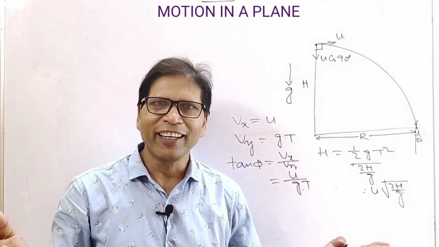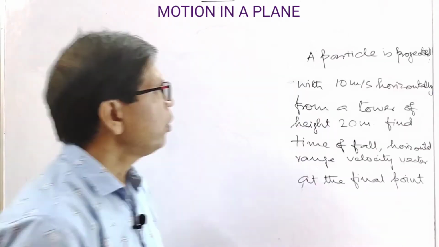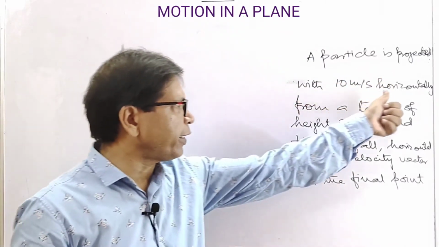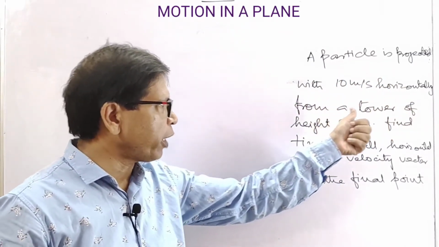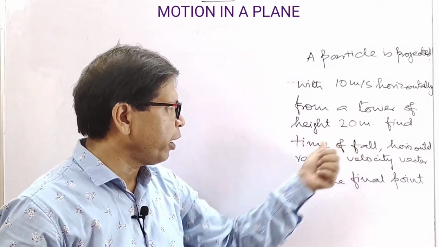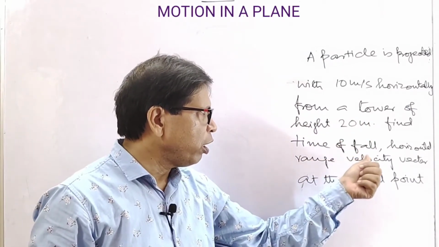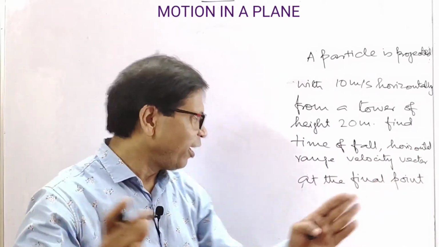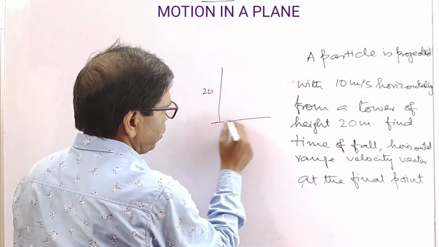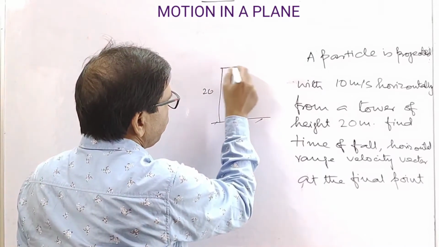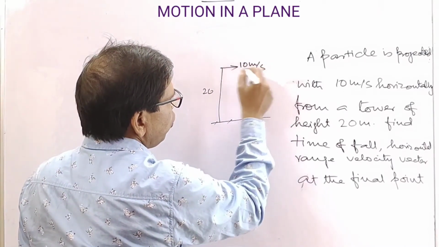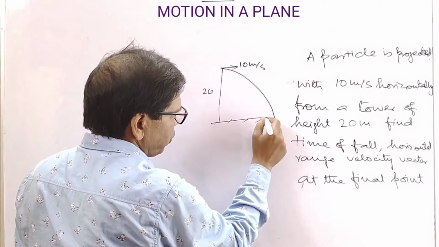Okay, understood? Now next, look at this: a particle is projected with 10 meter per second horizontally from a tower of height 20 meter. Find the time of fall, horizontal range and velocity vector at the final point. The tower has height 20 meter, and the particle is projected horizontally with velocity 10 meter per second. So the trajectory becomes this.